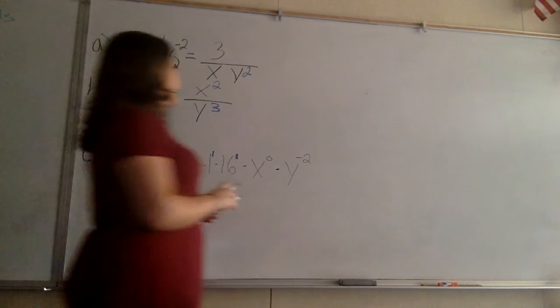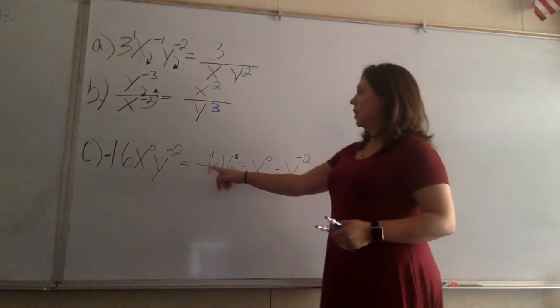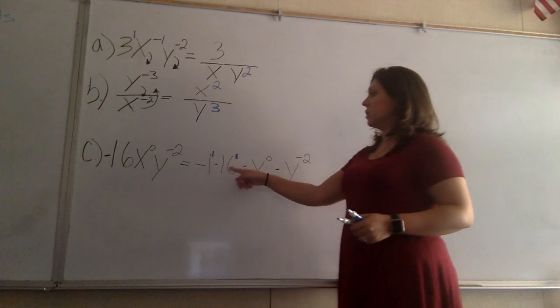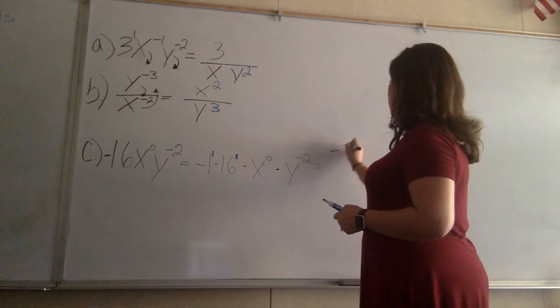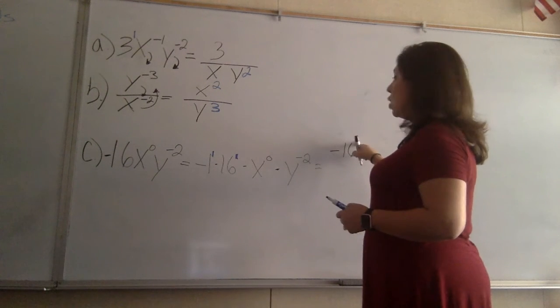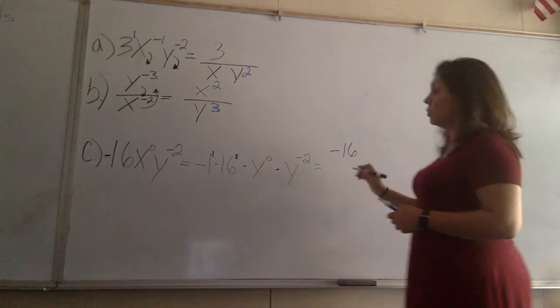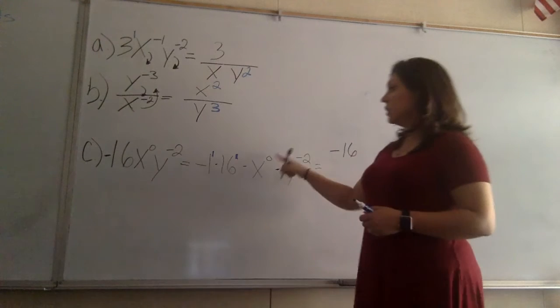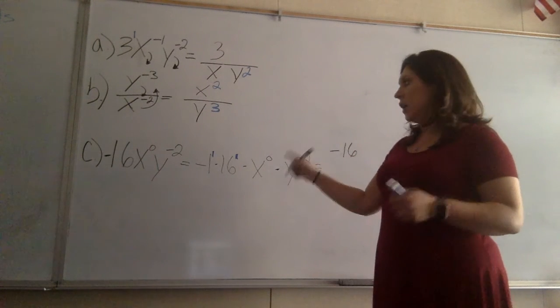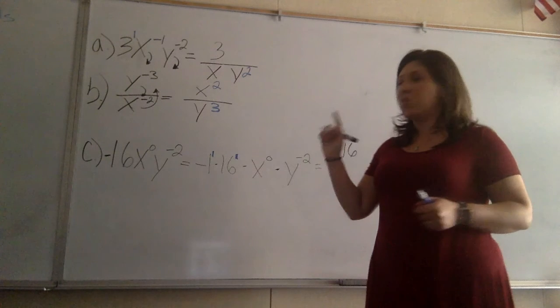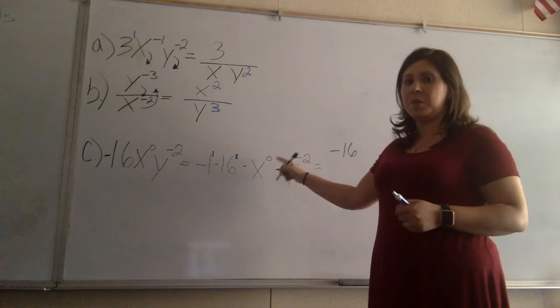All right? So negative 1 times a 6, well, that just still gives me negative 16. My exponent is 1, so I don't have to move it. X to the 0. I know this one. X to the 0 was special. What do I know about any number to the 0 power?